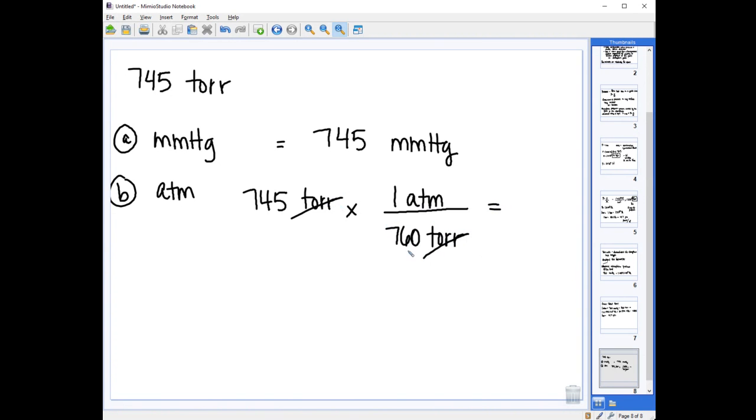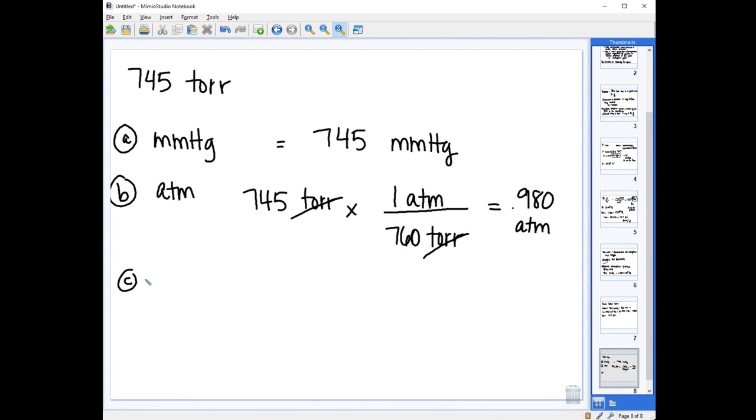Then I say 745 divided by 760, and I get 0.980 atmospheres. Then I have to ask myself, does this make sense? Well, I know 1 atmosphere is 760 torr. I have a little bit fewer than that at 745 torr. So yes, my answer of 0.980 atmospheres makes sense. That's almost equal to 1.